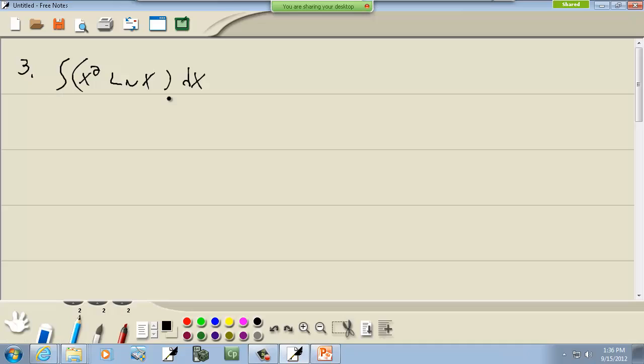And same instructions, find the integral. Well, if I look on my sheet and see what the integral of natural log of x is, and I'm looking through my basics from Calc 1, and I don't see the integral of natural log anywhere. So I can't let that be my dv in this particular problem. So I'm going to flip these around.